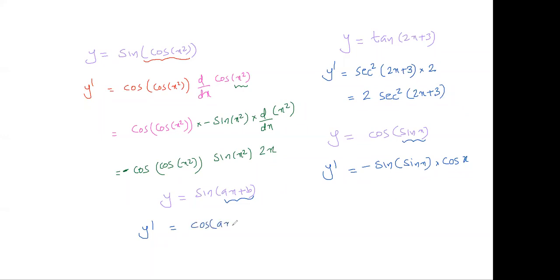We held ax plus b as a single variable, so we multiply with its derivative. The derivative of ax plus b is the derivative of ax plus the derivative of b. The derivative of ax is a, because a into the derivative of x is 1, so a; b is a constant, its derivative is 0. So the answer is a cos of ax plus b.